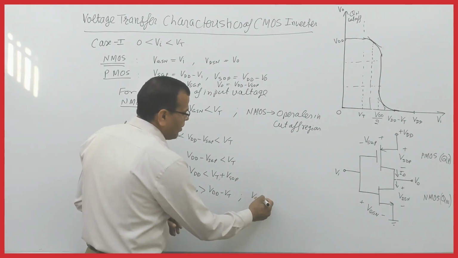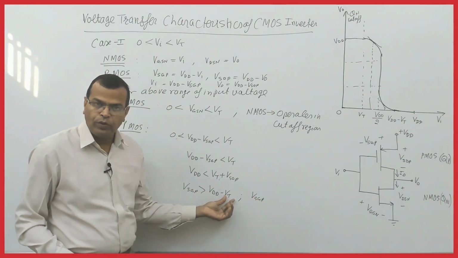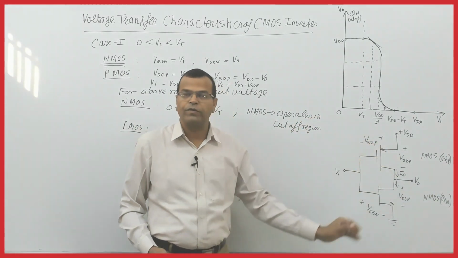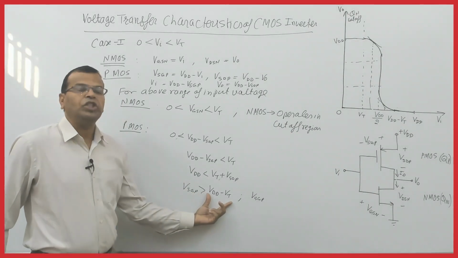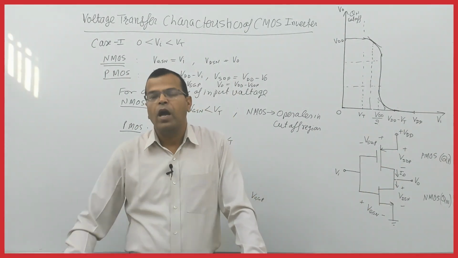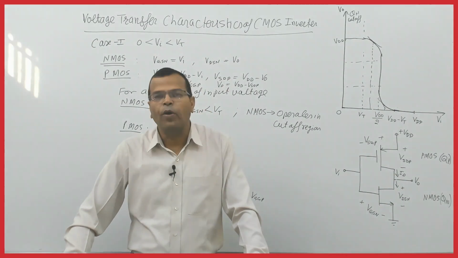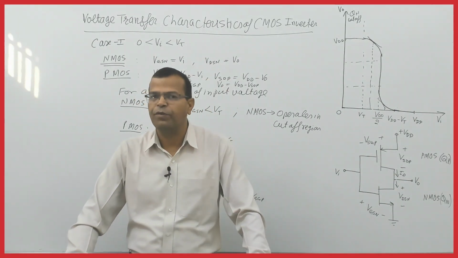Why? Because we consider the supply voltage is very large as compared to the threshold voltage of the device. If source to gate voltage is much larger than the threshold voltage, the device must be on. And what do you mean by on? Either in ohmic region of operation or in saturation region of operation.